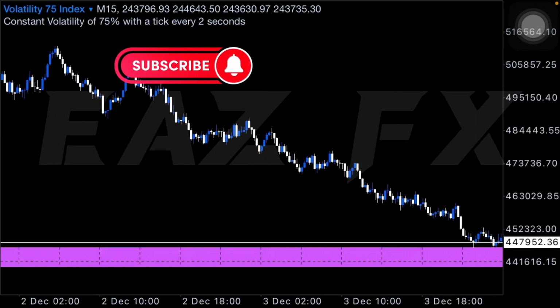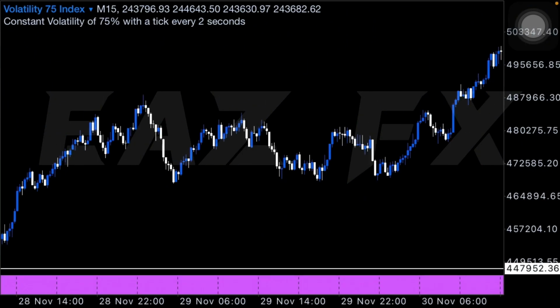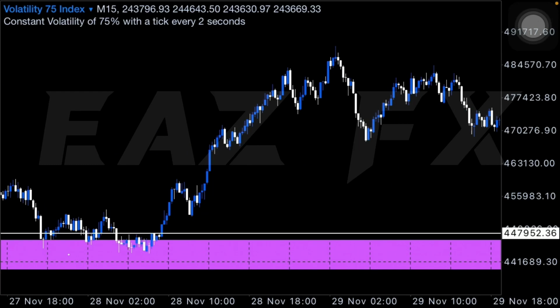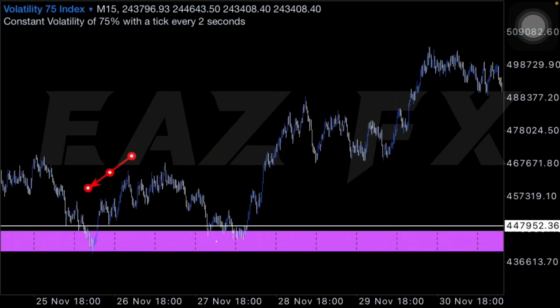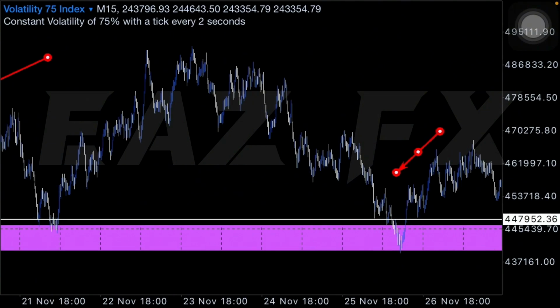No. As price came here, it bounced off and went in your direction. So considering taking profit using a risk to reward ratio of 1:3 or 1:4, you would have won most of these trades. Now with that being said, let me move to this side.